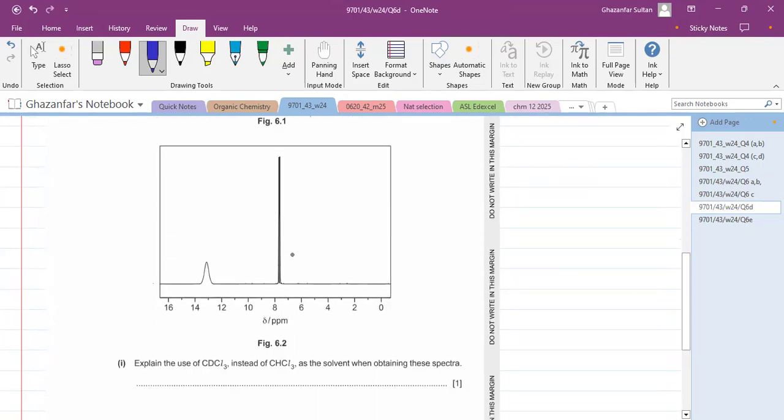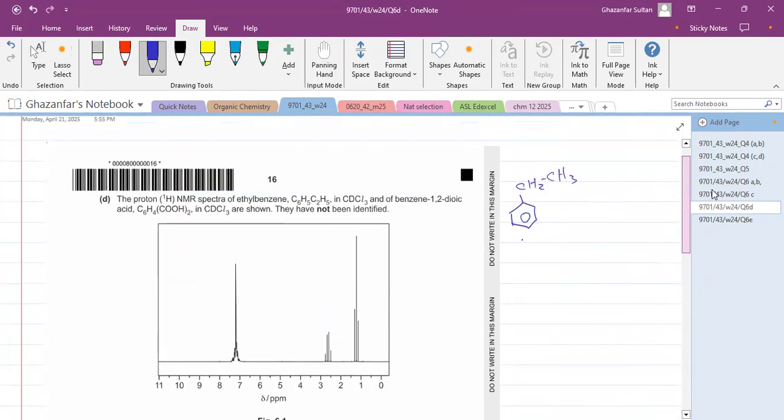This is benzene 1,2-dioic acid. In CDCl3 are shown. So these are the proton spectra. So how many protons are there? If you see, 1, 2, and 3 signals are there.